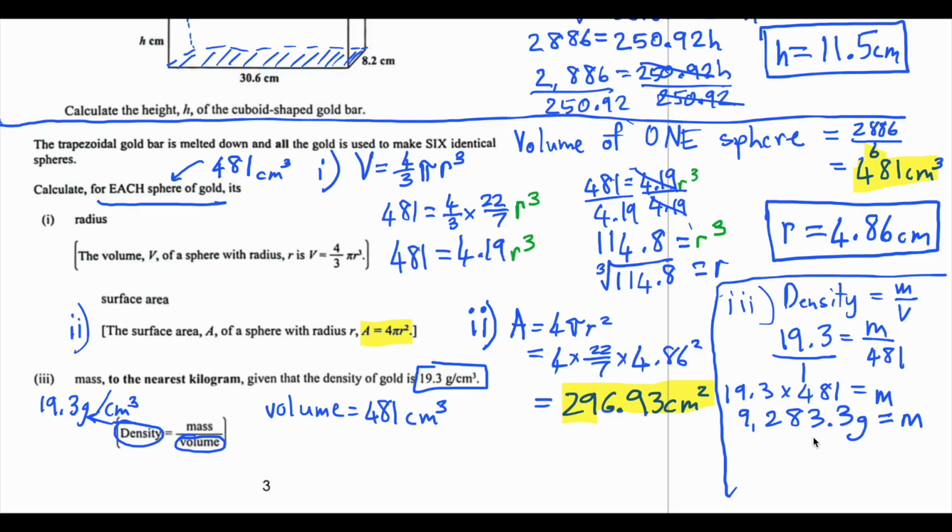So all I have to do is divide this by 1,000, and that will give me my answer, which would be just 9 kilograms. Now, the reason why I said 9 kilograms is because they told me to the nearest kilogram. So if I really was to work this out, I would get 9.2833 kilograms. But they say they want it to the nearest kilogram. Okay, so that's why I just dropped it to 9 kilograms. Does that make sense? All right, good.